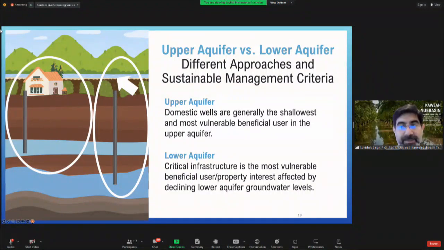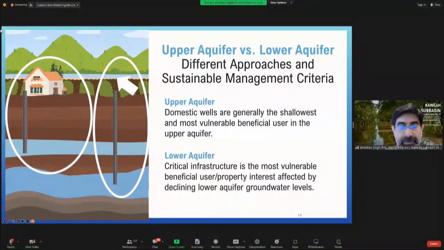So our sustainable management criteria were established to be protective of shallow domestic wells so that they were inherently protective of all other beneficial use and users. So while we'll be focusing on domestic wells, it's important to understand that we have also looked at impacts on all other beneficial use and users and are being protective of those.